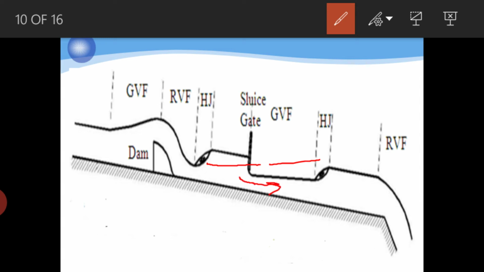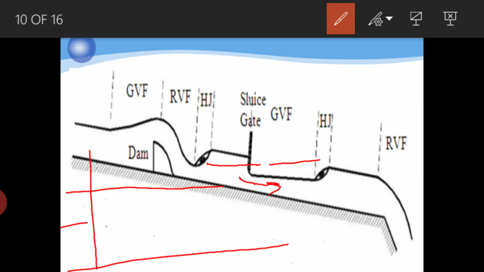it passes with a very high speed. If you take a channel, as I explained, with critical flow, subcritical flow and supercritical flow, and assume this is the critical flow, the flow above the critical represents subcritical flow, meaning low velocity, and the flow below the critical represents supercritical flow.